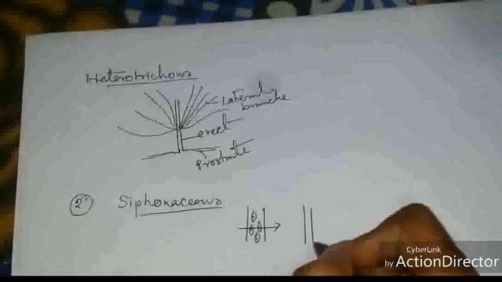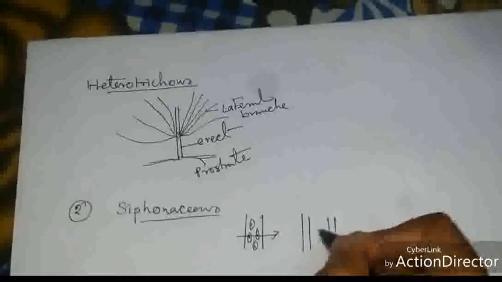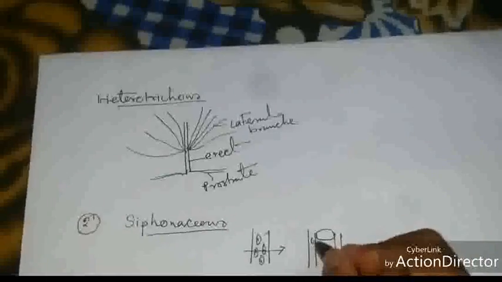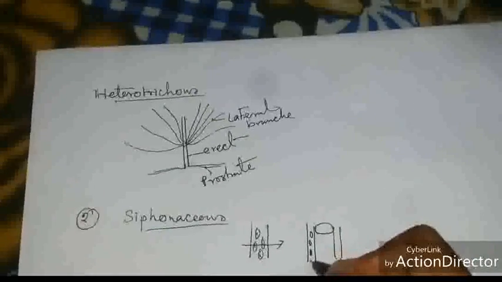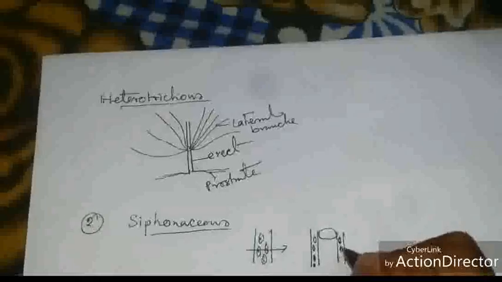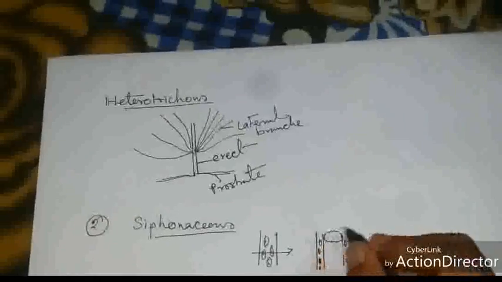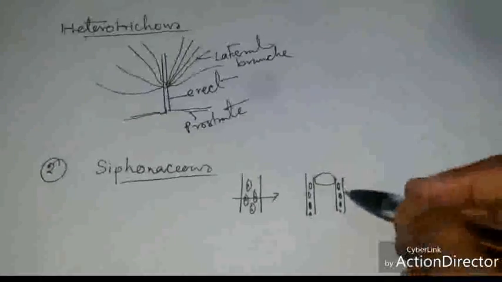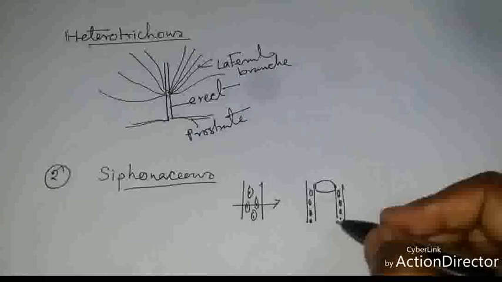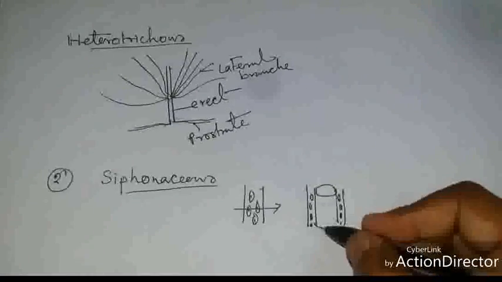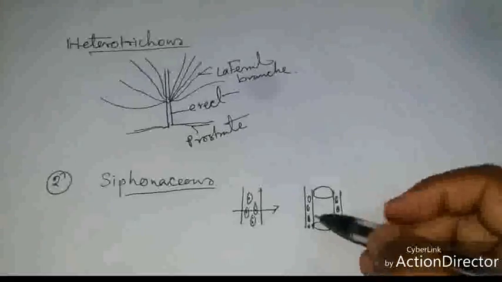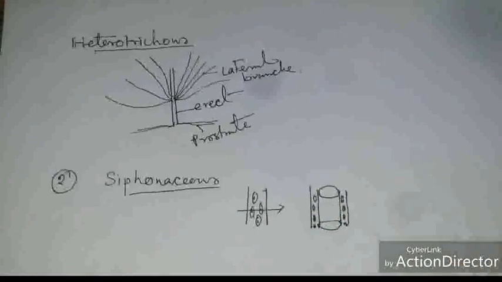If I section it, the middle portion is a hollow region, and in the peripheral region many nuclei, multinucleate cells are present, and the middle region is hollow, so it is siphonoceous.